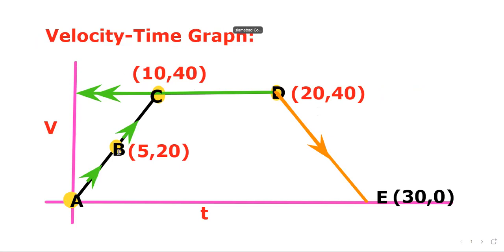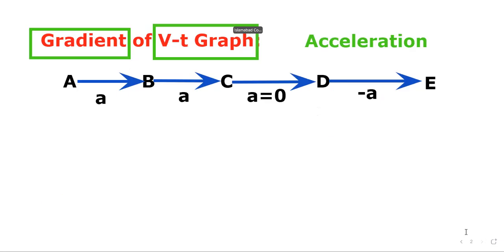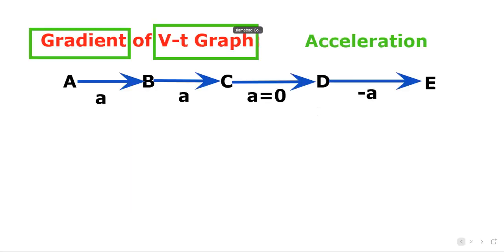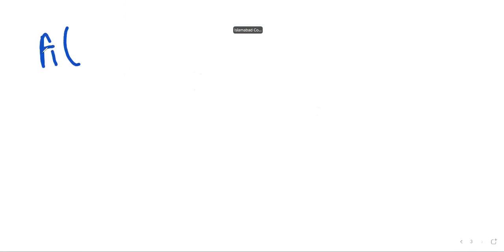Okay, let's calculate the gradient of AB. Okay, A is (0, 0) and B is (5, 20). A is (0, 0) and B is (5, 20).